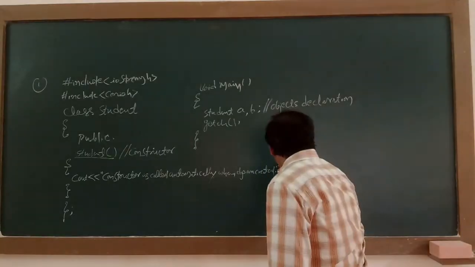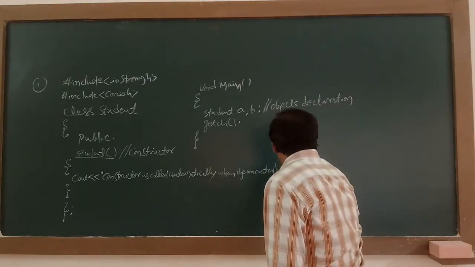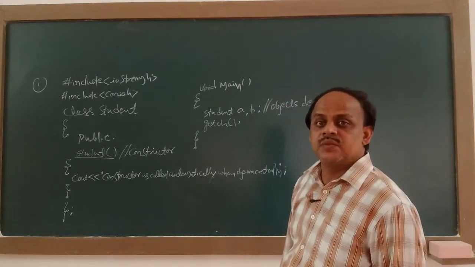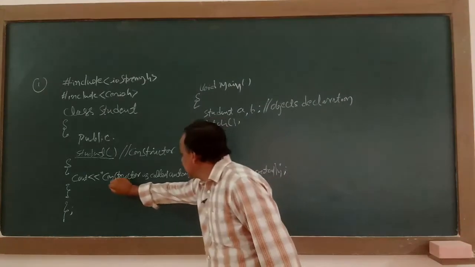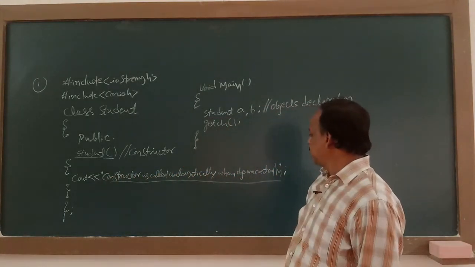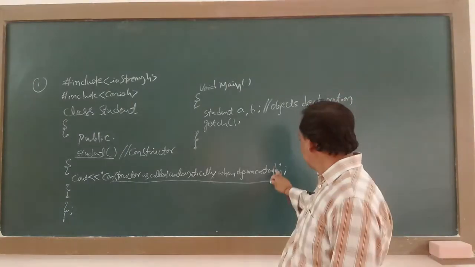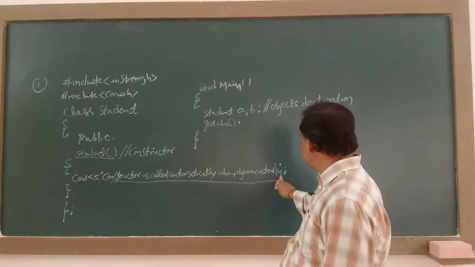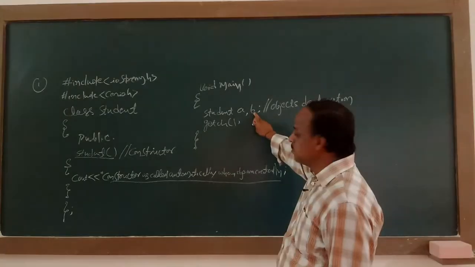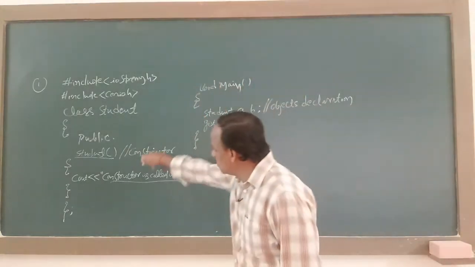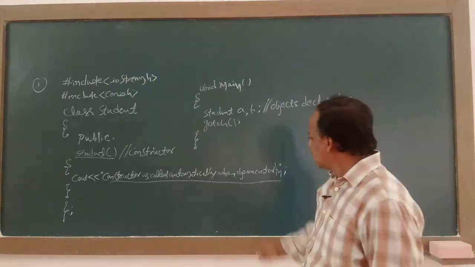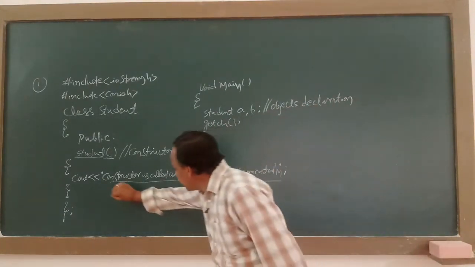Suppose we put backslash n here, then what type of result do we get? This sentence, constructor is called automatically when objects are created, prints once, backslash n is there, the cursor comes to the next line. Then for object B it goes again for execution of the student constructor, and the same sentence is printed once again.